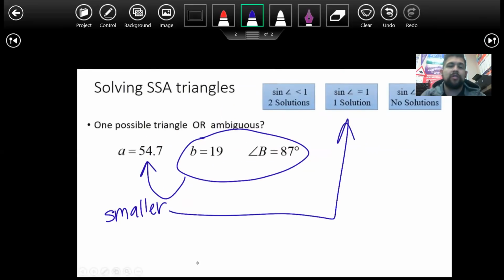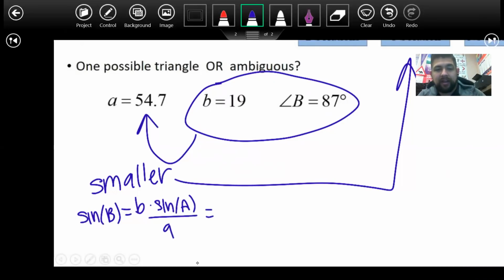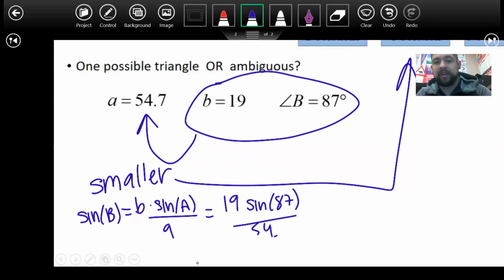So we're going to use sine of B is equal to B sine of A all over A. And just by plugging in our values, let's see how many solutions our triangle can have. We say 19 sine of 87 all over 54.7.